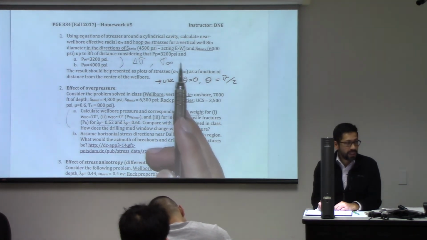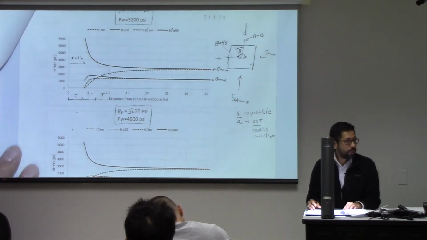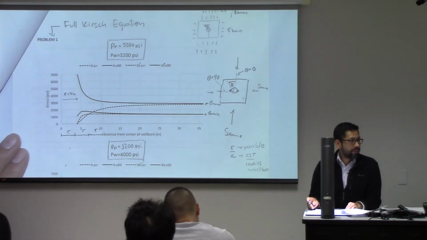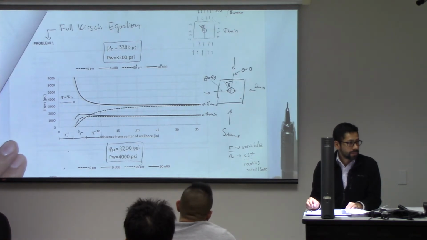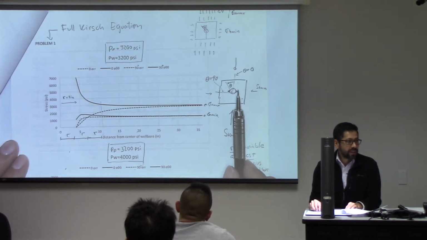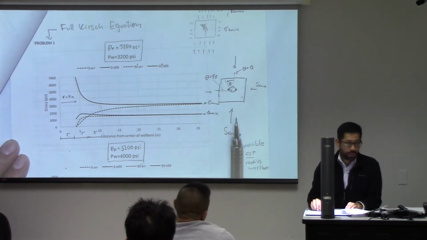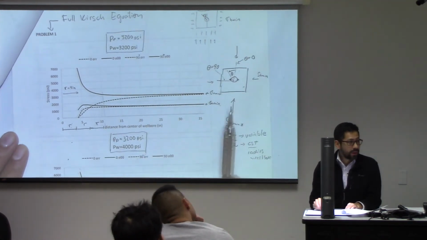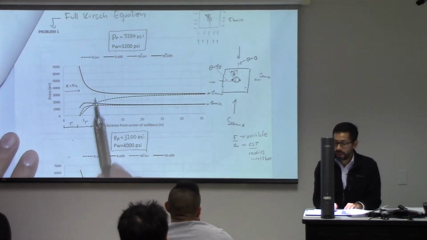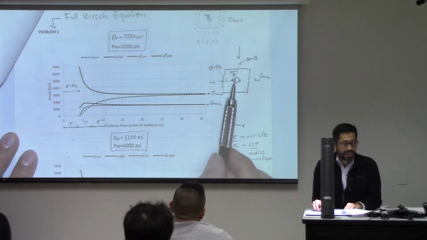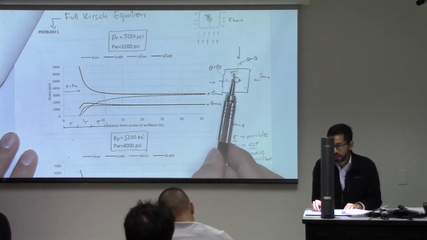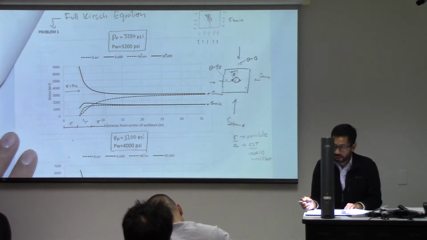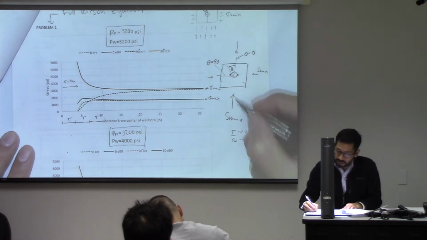So basically what you had to do here was, for this particular problem, where SH max now is coming in this direction, to calculate stresses around the wellbore, right? Remember, this angle theta is always measured from the direction of the maximum principal stress.